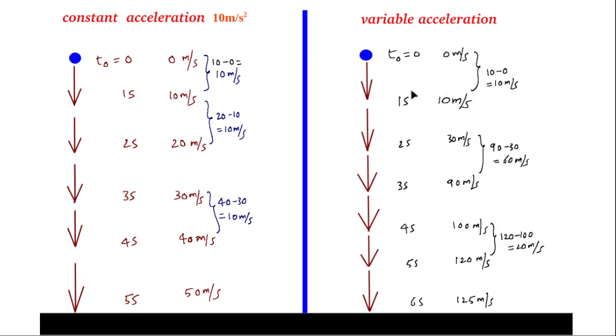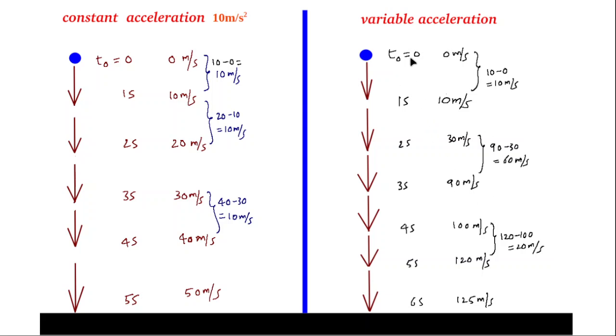But in case of variable acceleration, the situation is different. Here, for an increase in time by 1 second intervals, the increments in velocity are different. For equal increments in time, the velocities increase by different amounts.